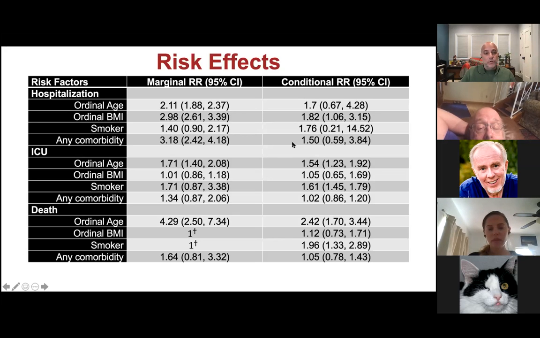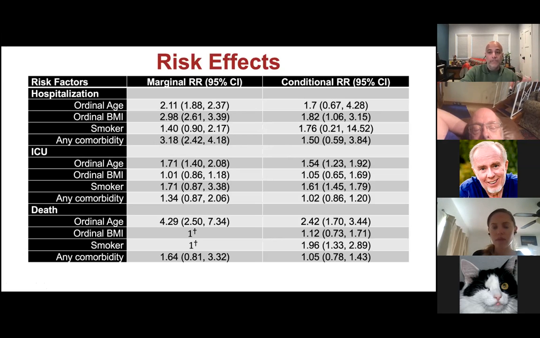And in summary, you can see that any comorbidity is slightly attenuated. Smoking does go up in terms of its impact for hospitalization. BMI goes down, age also goes down. And that's because of the correlation structure of the combination of these risk factors in the NHANES data and showing that joint estimates.